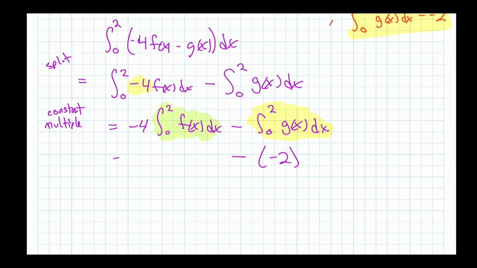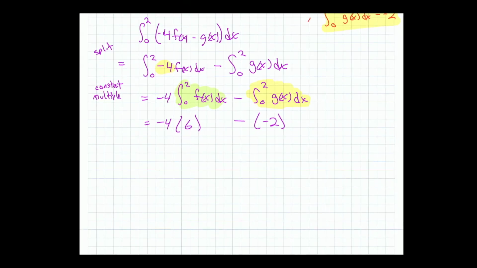So that's negative 4 times 6, and then minus negative 2. And then we just add this up. Negative 4 times 6 is negative 24. Minus negative 2 is plus 2. So negative 22 it looks like. Yep, and that's that.